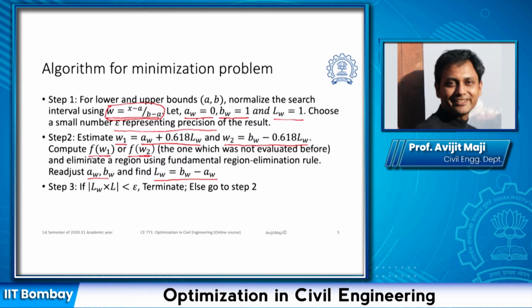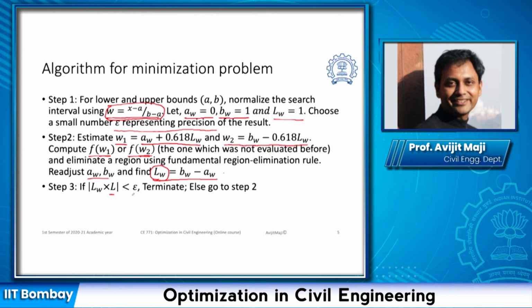Now once we complete this step, we move to the next step where we check the precision of the boundary. My present boundary is LW, and if we multiply it with the original L, then we can easily obtain the present interval within which my optimum solution is going to lie.